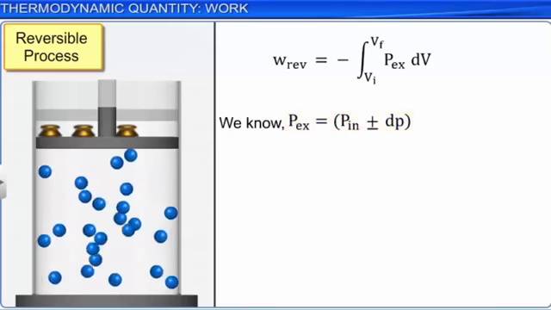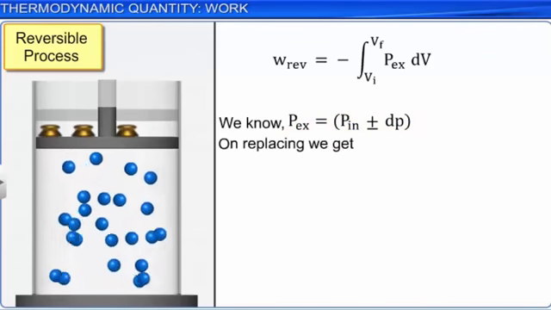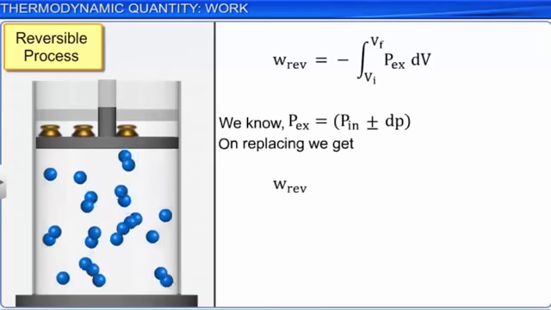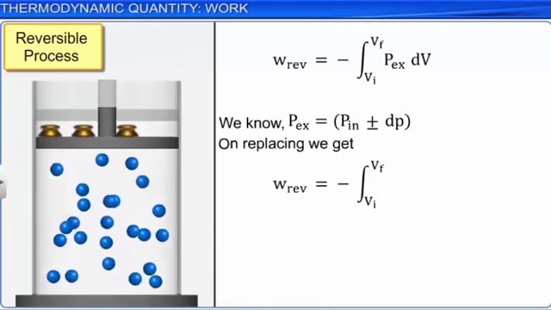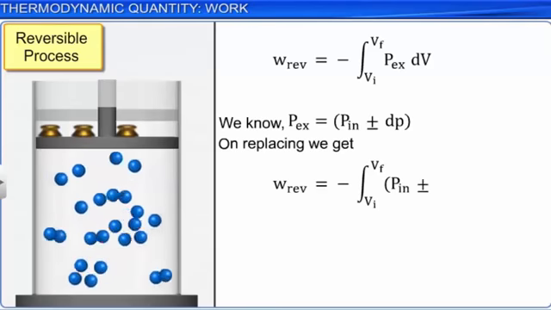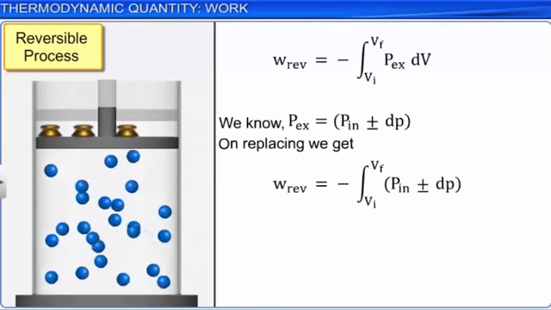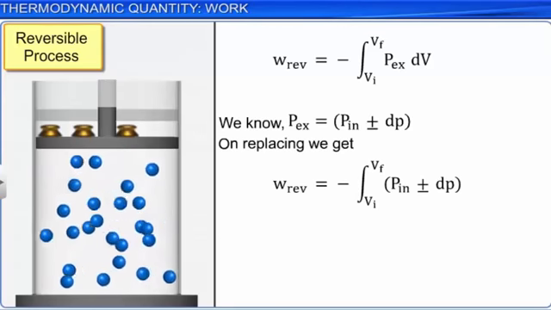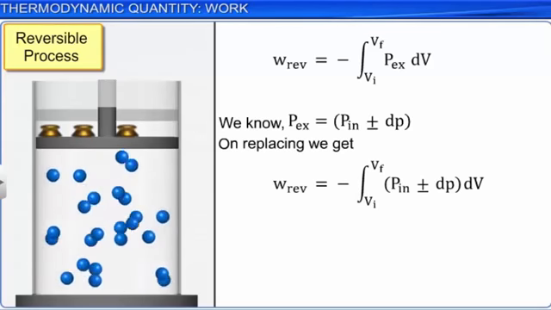Thus, on substituting the values, we get the equation reversible work equals minus integral of internal pressure P_in plus or minus infinitesimal change in pressure dP multiplied by infinitesimal change in volume dV.